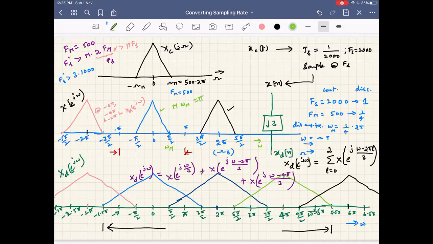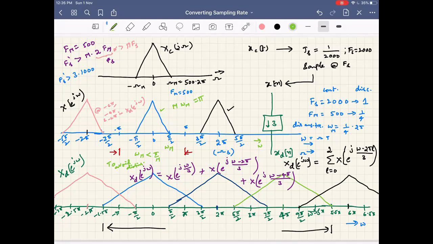If you want to avoid aliasing, the condition is that ω_m times M is equal to pi, or ω_m has to be lesser than pi by M. This is the condition to avoid aliasing.